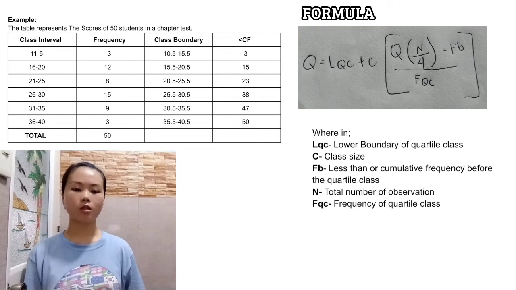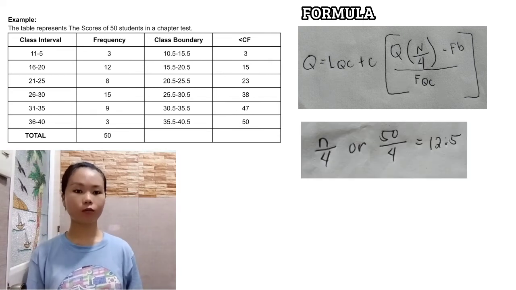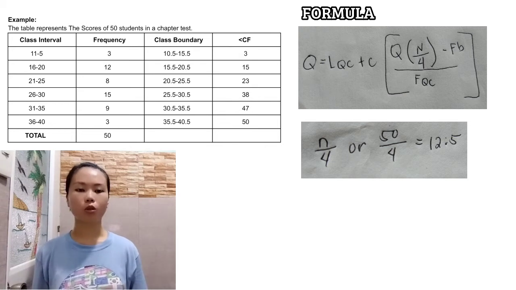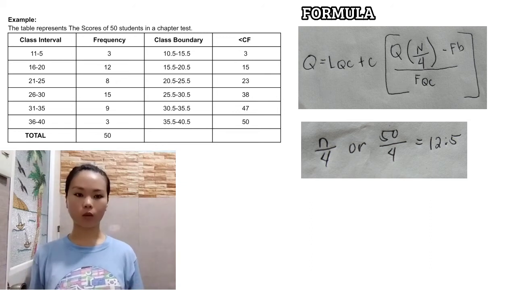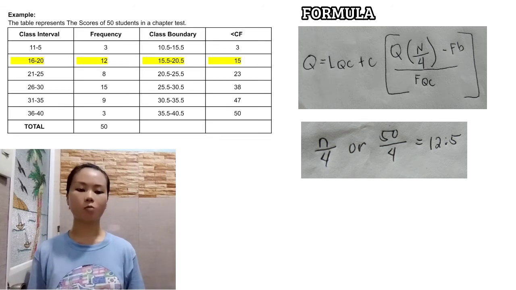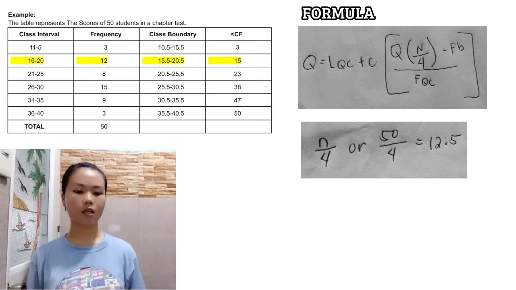So our total frequency is 50, n/4 or 50/4 is equal to 12.5. So we need to find the less than cumulative frequency, the smallest number that is equal to 12.5 or greater than 12.5. And that is 15. So our quartile class is this.